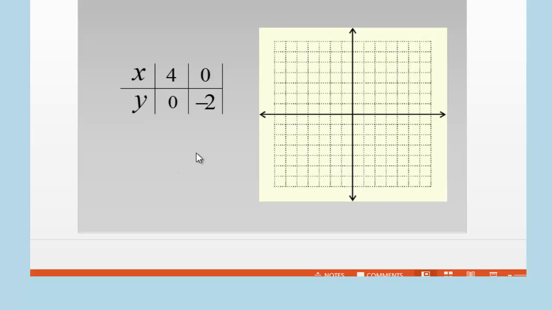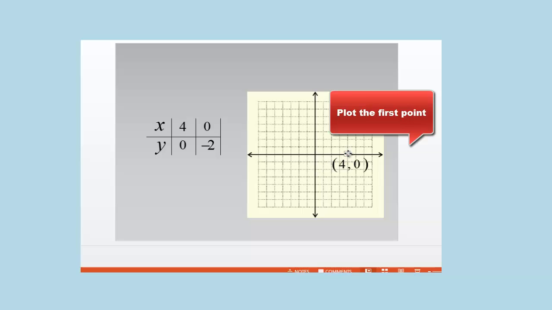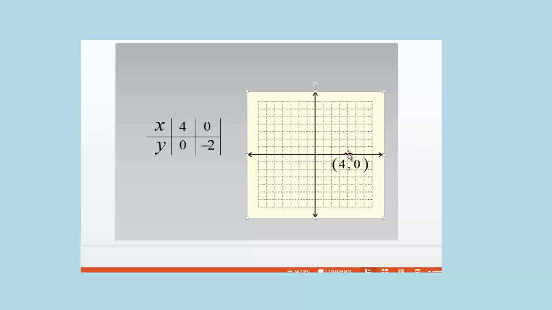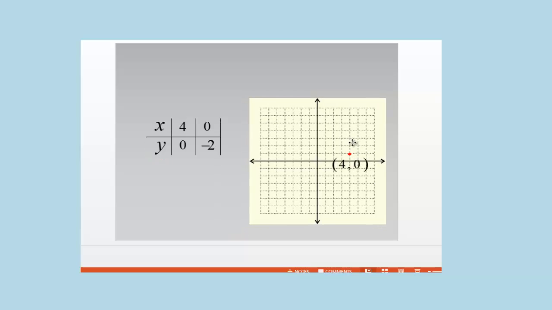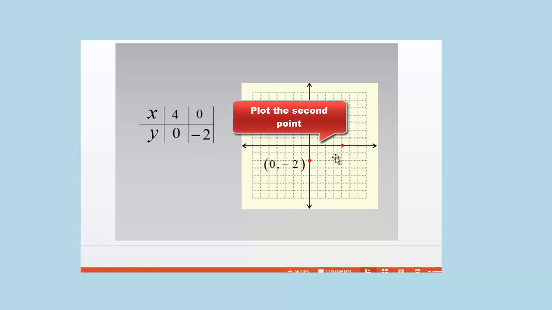After completing your table of values, you are now ready to graph the given equation. Plot first the first point, 4, 0. Here is your 4, 0. Next, plot the second point, 0, negative 2.